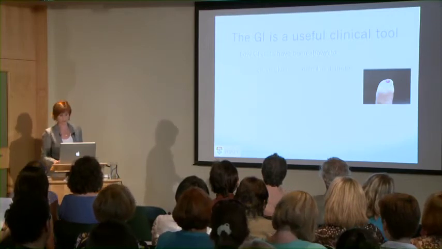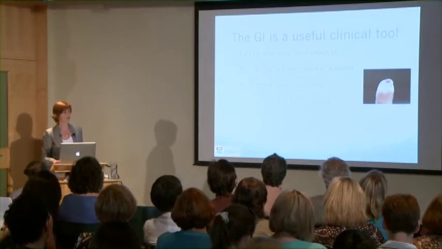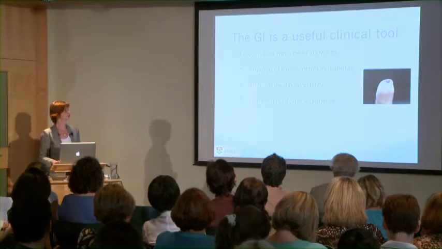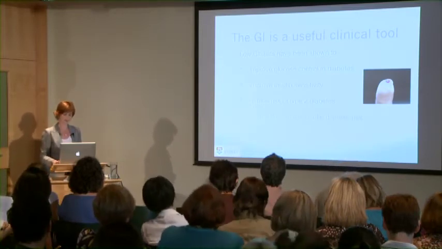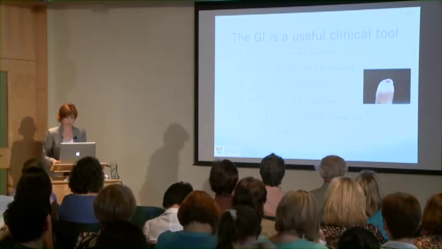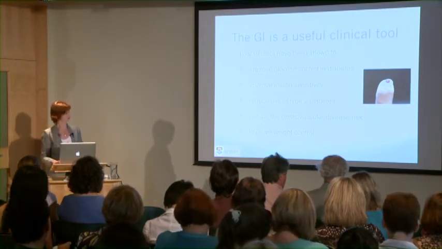So it's been shown to improve glucose control in diabetes, it's been shown to improve insulin sensitivity, it's been shown to be associated with reduced risk of type 2 diabetes and reduced risk of CVD, and some evidence that I'll show you shortly, it seems to improve weight control.